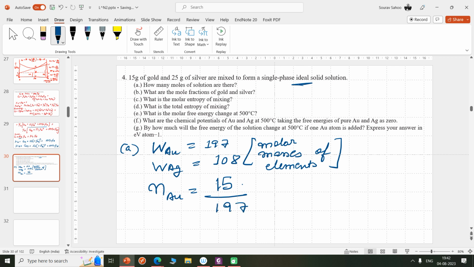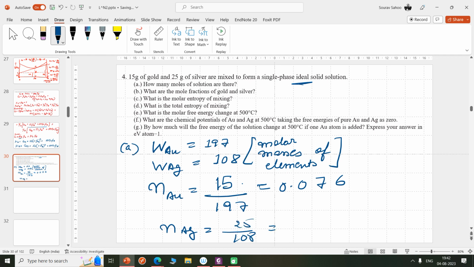So 15 by 197 gives me 0.076. Number of moles of silver is 25 by 108, which should give me 0.231. So this is the solution to part A.